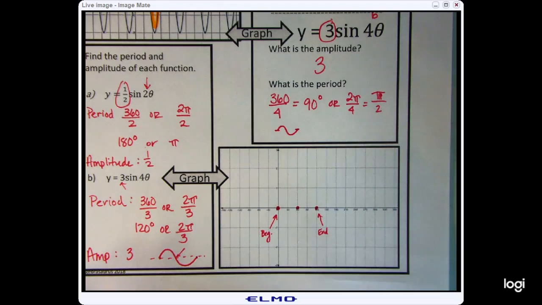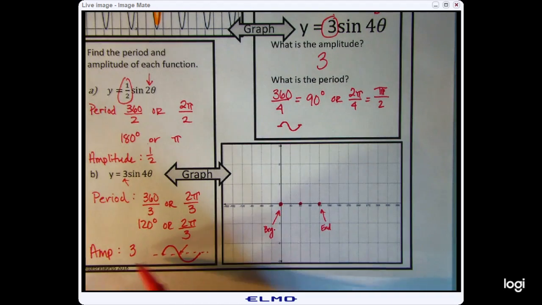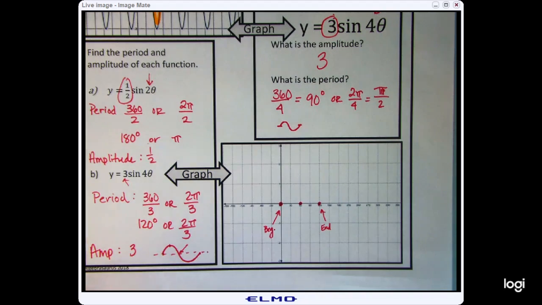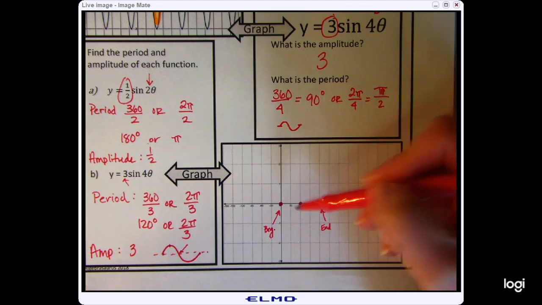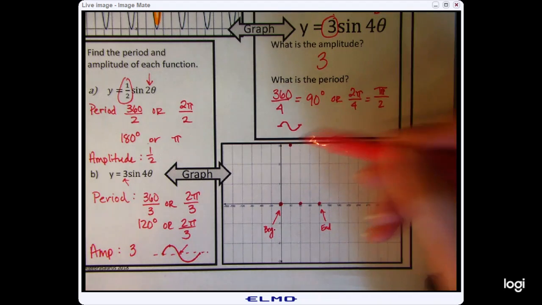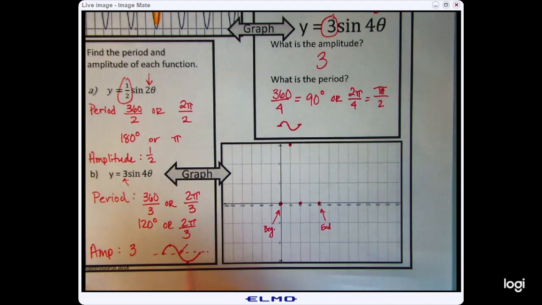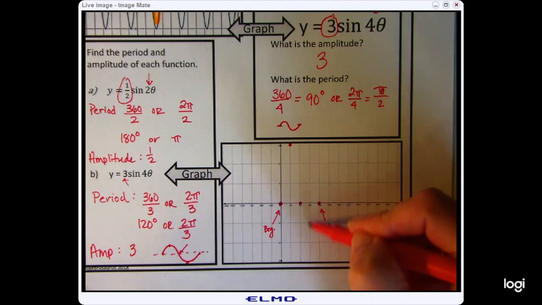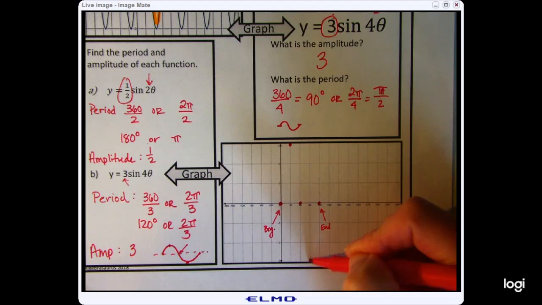All right. And now I need to look at my amplitude. It has an amplitude of 3. So we go to the highest point in between here. Yes? So halfway, I have an amplitude of 3. And then I have my low point, which would be halfway between here. I need to go a distance of 3 again from center.